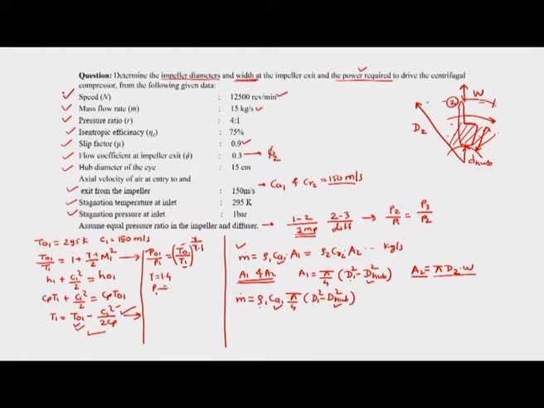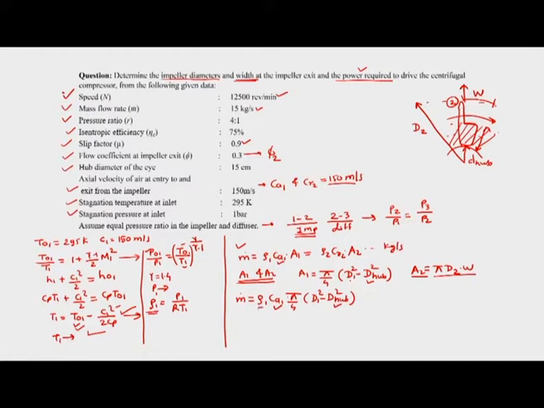So we can get P1 from here. Having P1 and T1, rho 1 is equal to P1 upon R T1. R for air is 287 joule per kg Kelvin, and T1 is known from the previous step. So this gives us the density.